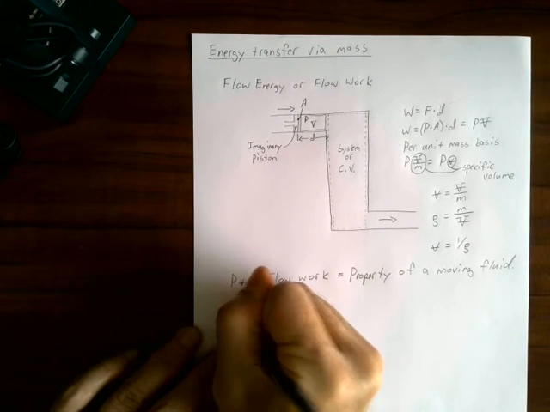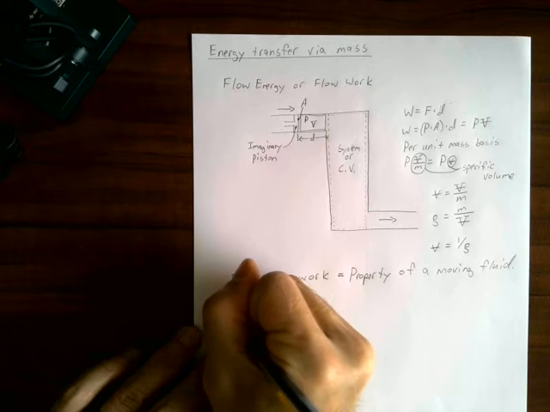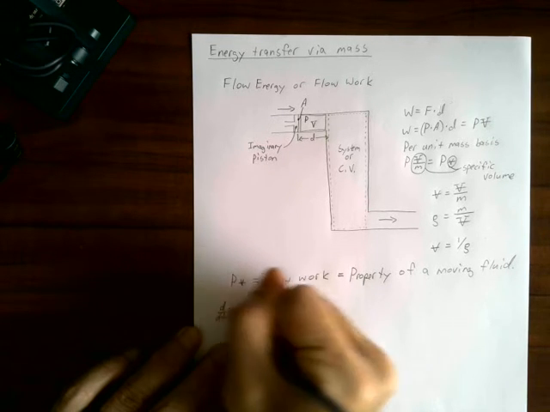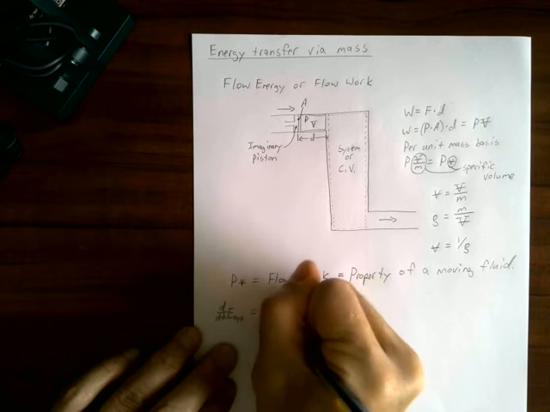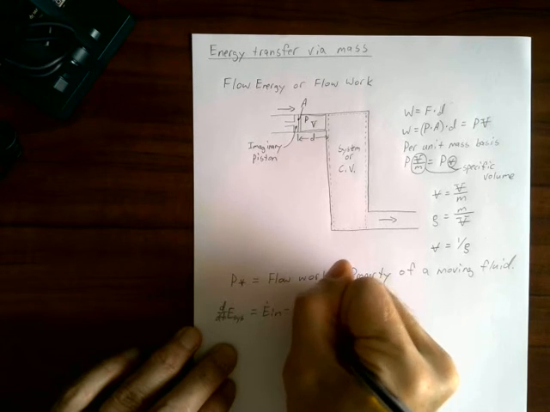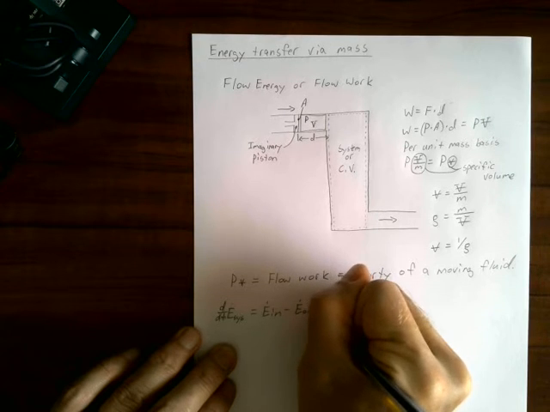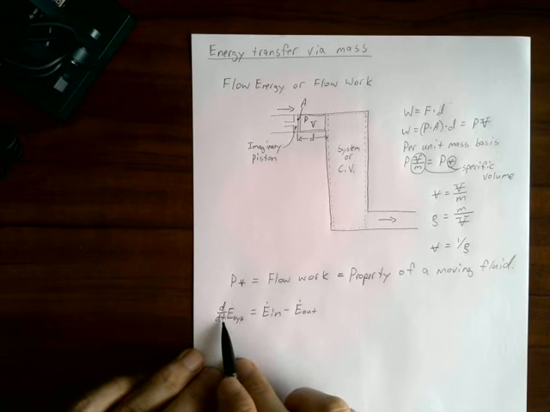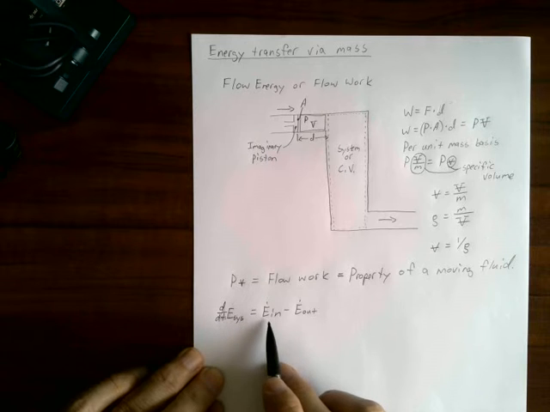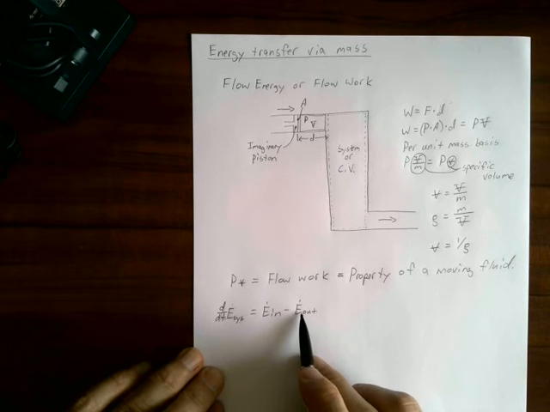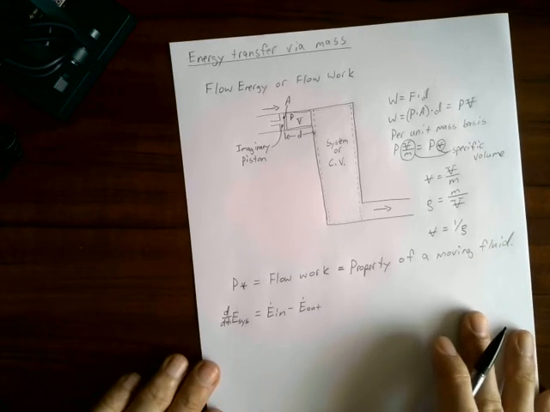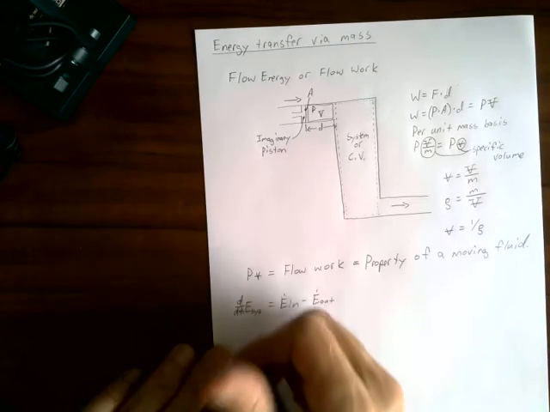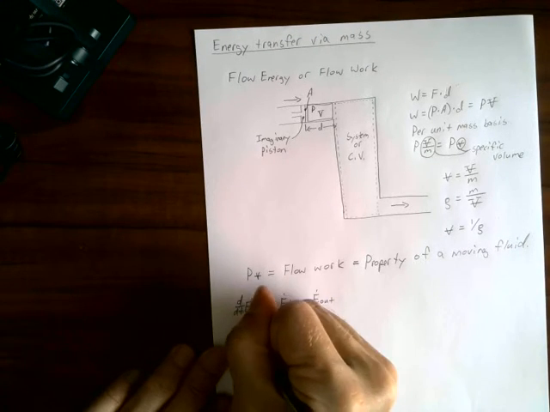And so the energy balance in that case, in rate form, if you remember, is given by the time derivative of the energy of the system is equal to the rate at which the energy enters minus the rate at which energy leaves. All right, and so let's just write this all out explicitly.